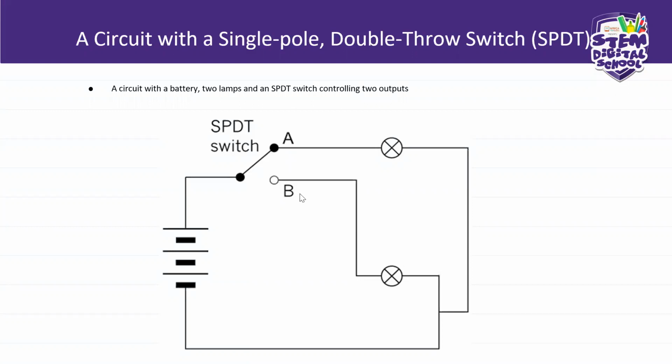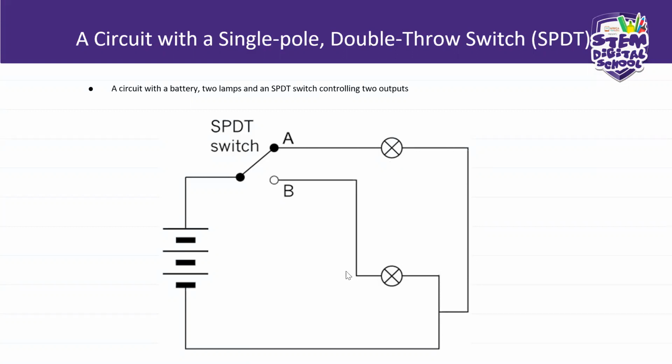Okay? And you also look at the other components of the circuit. You have your 4.5 volt power source there and two output components, and they are connected in parallel in this circuit.